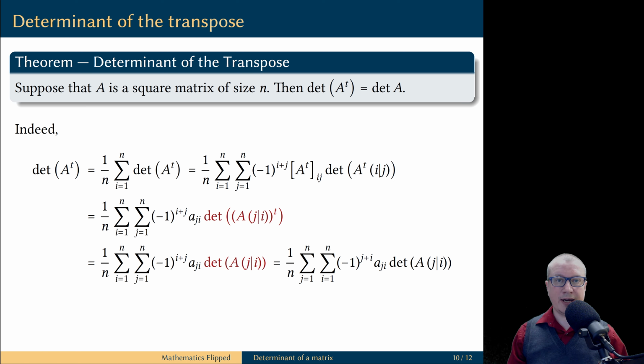You should now recognize the inner sum as the cofactor expansion along row j for the matrix A. Therefore, each of the inner sums represents the determinant of the matrix A. And now we see that we add n copies of the determinant of A, then divide by n, this is just the determinant of A. And we have proved that the determinant of A transpose is equal to the determinant of A.